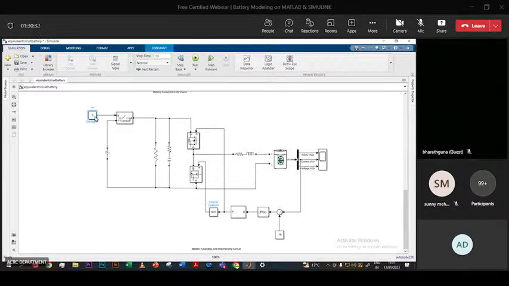When I put 0, this battery charging source is not connected to this part. When the battery source is not connected, what will happen? Who will say? When I disconnect this source, what will happen?